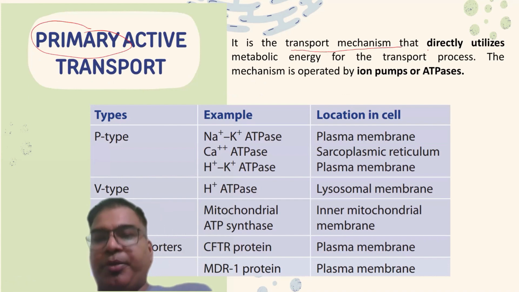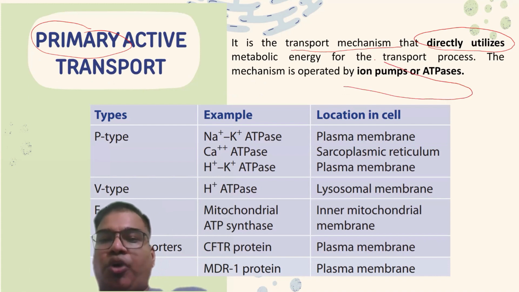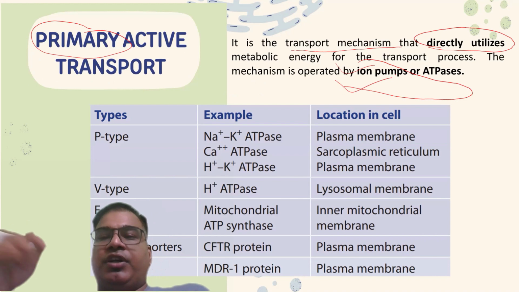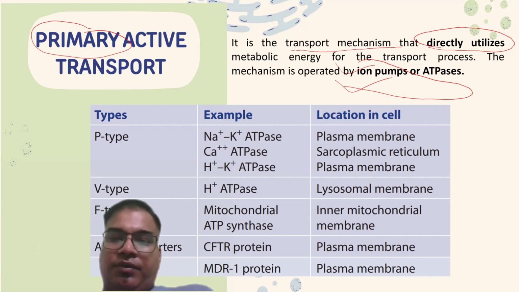It is a transport mechanism which directly utilizes metabolic energy for the transport, and that mechanism could be operated by ion pumps or ATPases. So there is a direct utilization of energy through which an ion is moving against the concentration gradient.